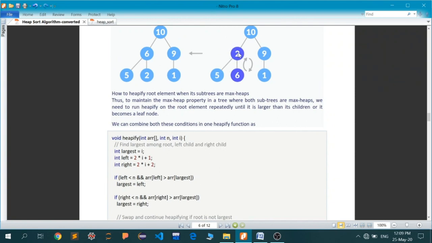The largest has been shifted from here to here, that is 5 is now largest. So it will compare this value 6 with largest, and if it is greater, then largest will again be shifted to 6. So the root node is this now, and the largest node is this now. The only thing left is we have to swap these values.